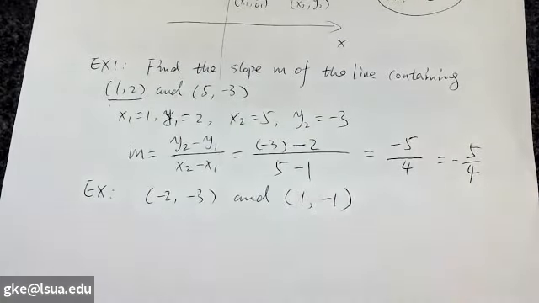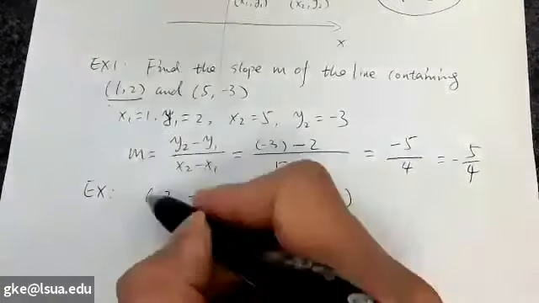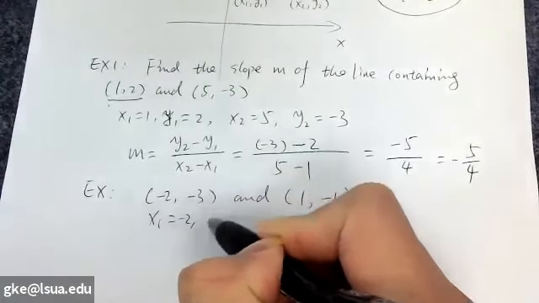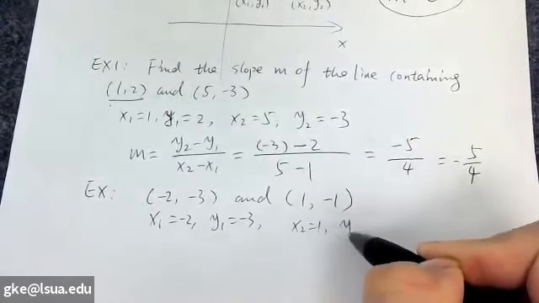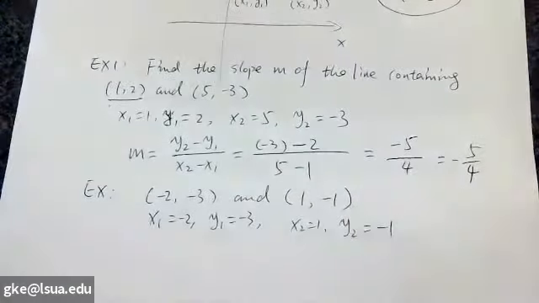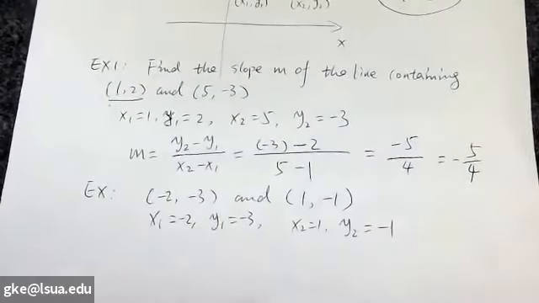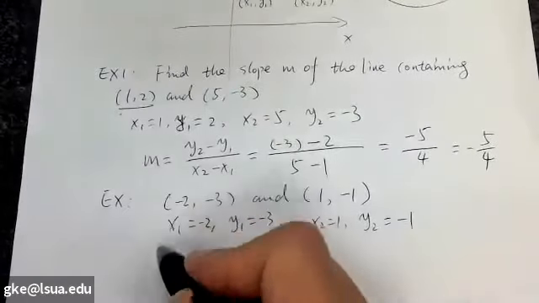Some of you have already found the answer. Let me try it on the board. x1 equals -2, y1 equals -3, x2 equals 1, y2 equals -1. Write down the four parameters.